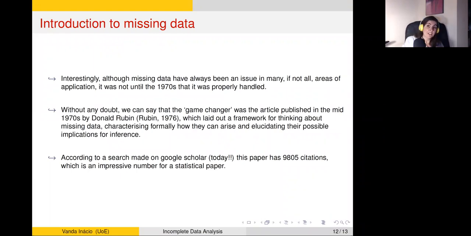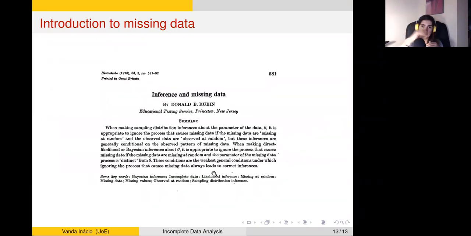For instance, last year, when I gave this lecture, I made the same search on Google and the paper had about 8,500 citations. So in the space of a year, almost 1,500 more citations. Here I leave you part of the front page of the paper.